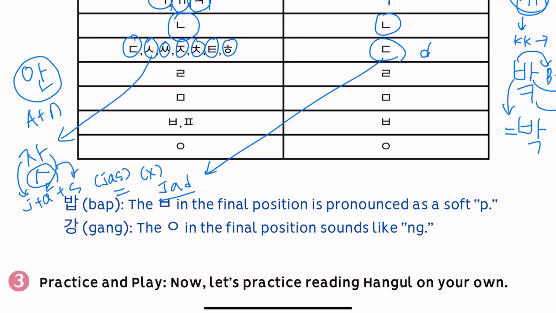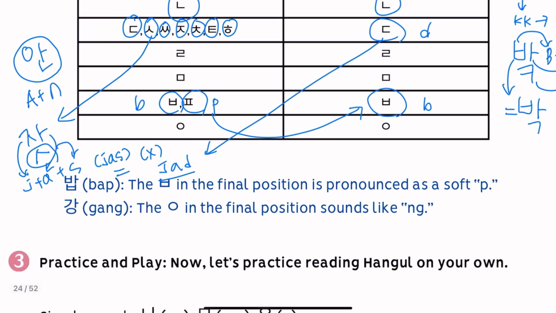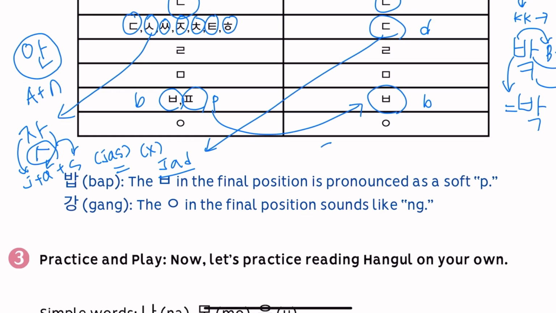And for the case of the l sound, it goes like l, exactly the same. And for the case of the m sound, it goes like m, exactly the same also. And for the case of the b sound and p sound, it all goes like the b sound. So for the case of this word, it was supposed to be the b sound, a sound, and p sound, but it goes like bop.